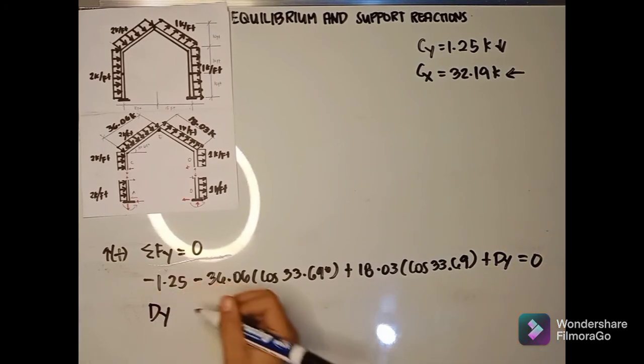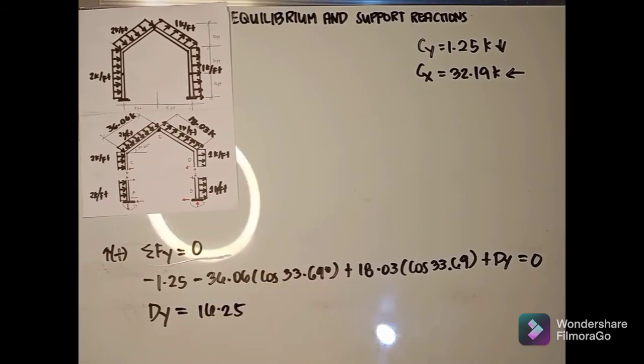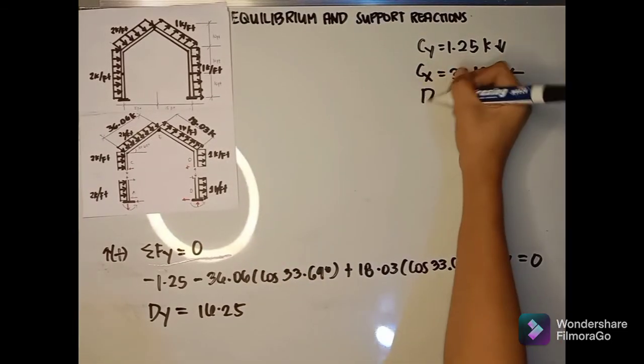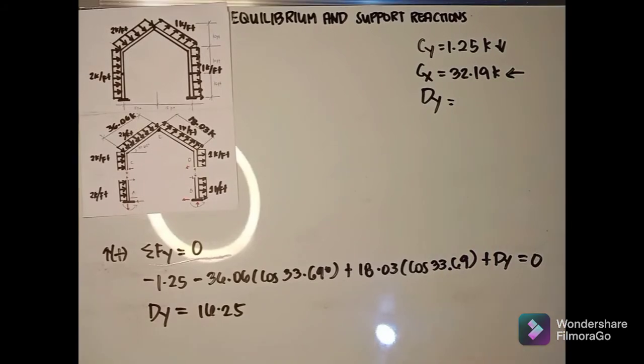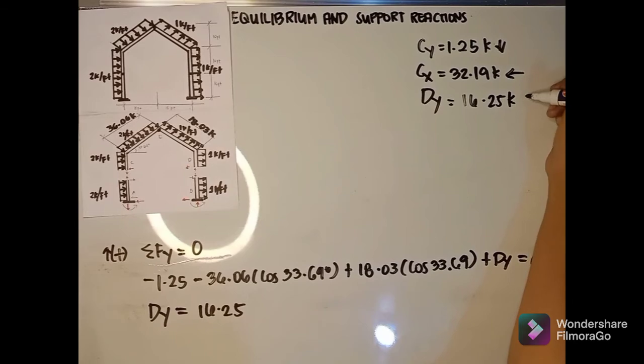Solving for Dy, Dy is 16.25. Our assumption that Dy is upward is correct. So Dy is 16.25 kips upwards.